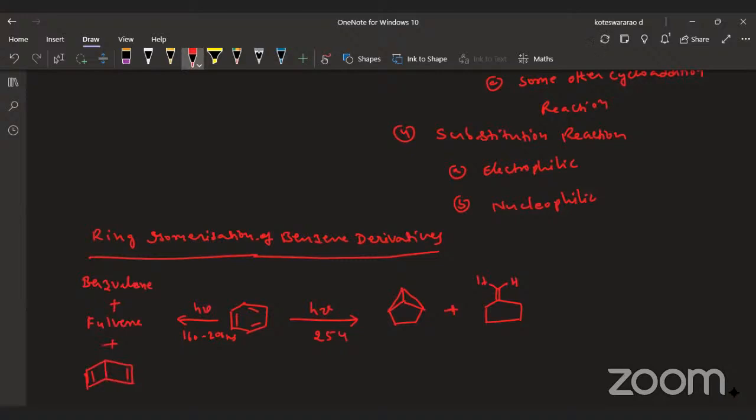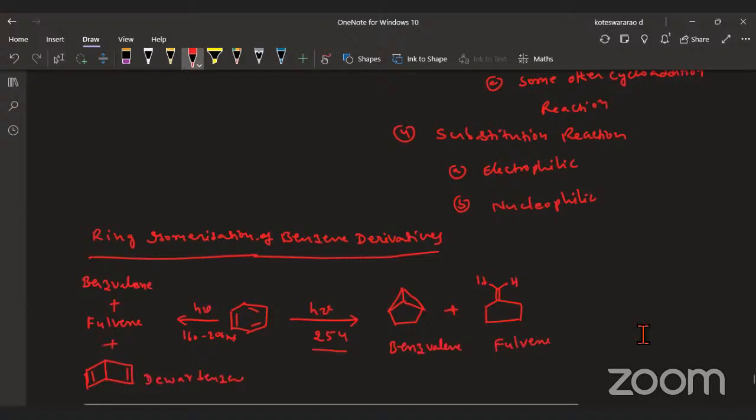Three compounds are generated with the higher energy radiation. At lower energy radiation, we can see only two products, benzvalene and fulvene.